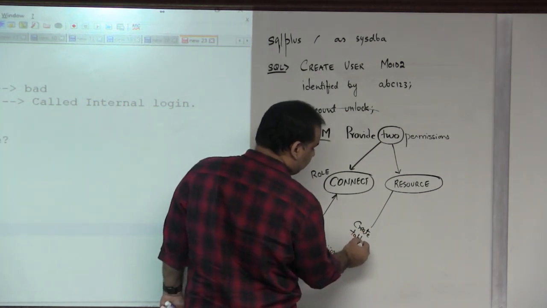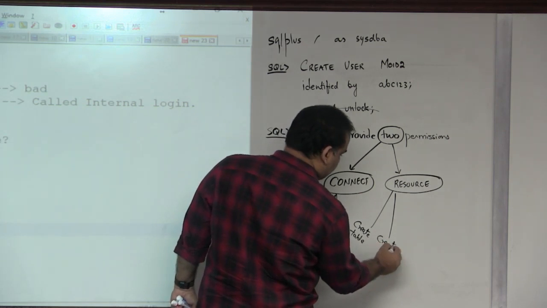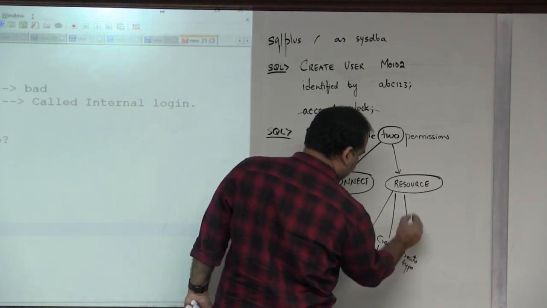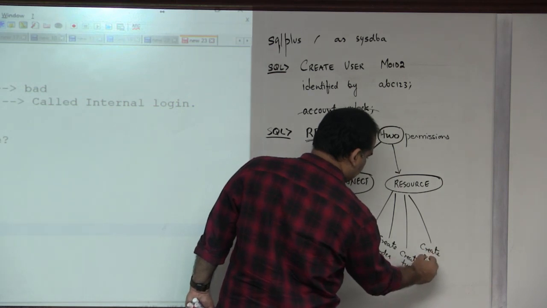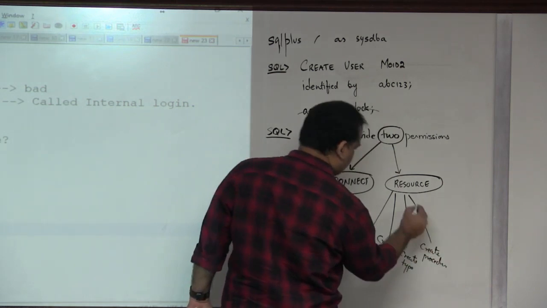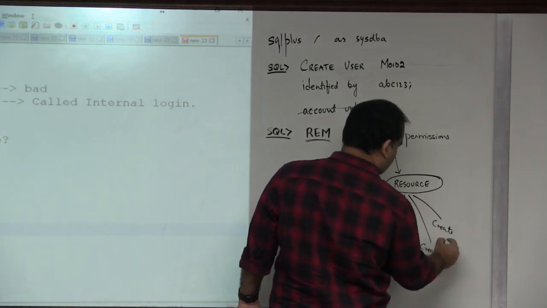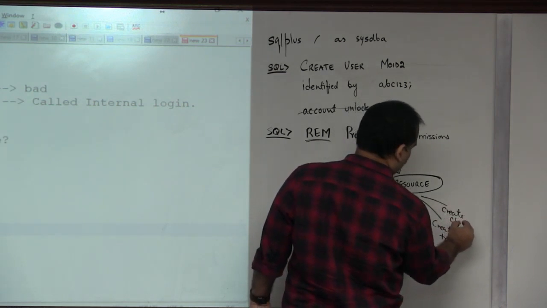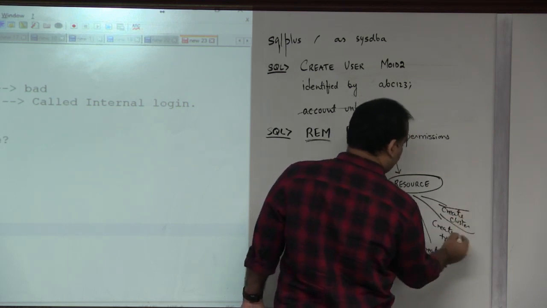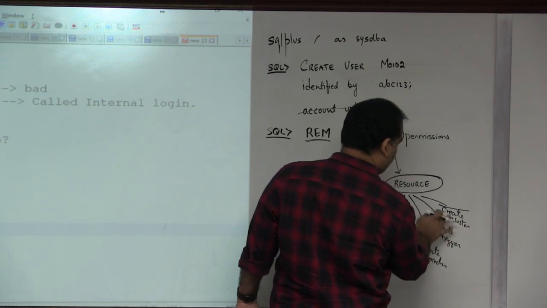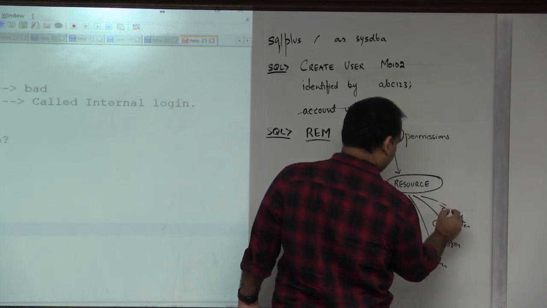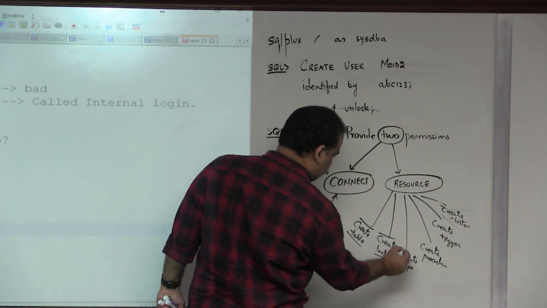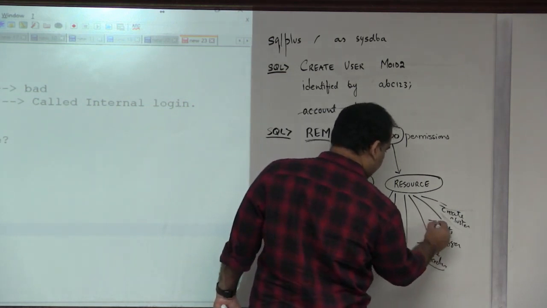So create table, create index, create type, create procedure, create trigger, create cluster, and so on. These are all the permissions.